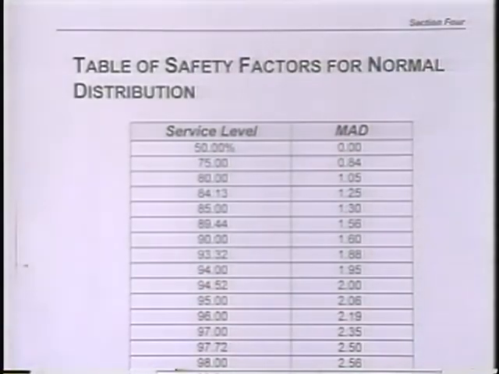So if you go down the left-hand column to 95%, and then you read across, there's the safety factor that we used of 2.06. So there is a correlation between the service level and the safety factor, which really was developed on page number 26, which was the service level safety stock curve.